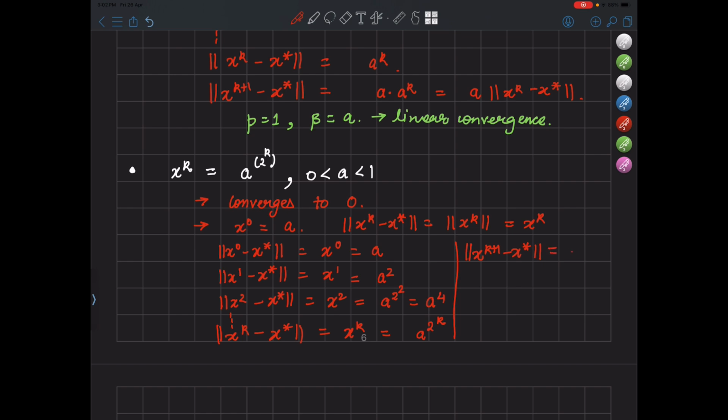It is equal to xk plus 1, which is equal to a to the power 2^(k+1). Which you can write as a to the power 2 times 2^k. Basically you can write it as (a^(2^k)) whole squared.